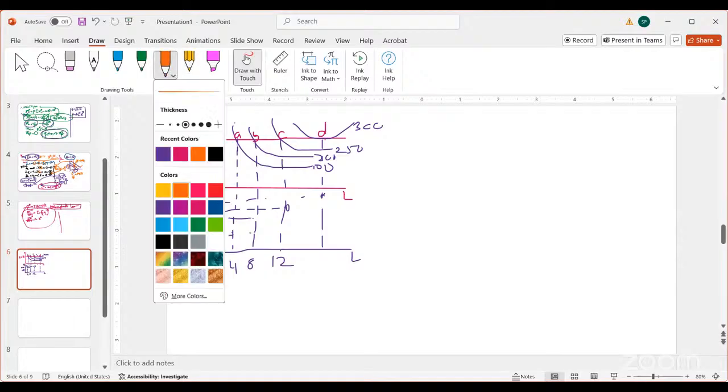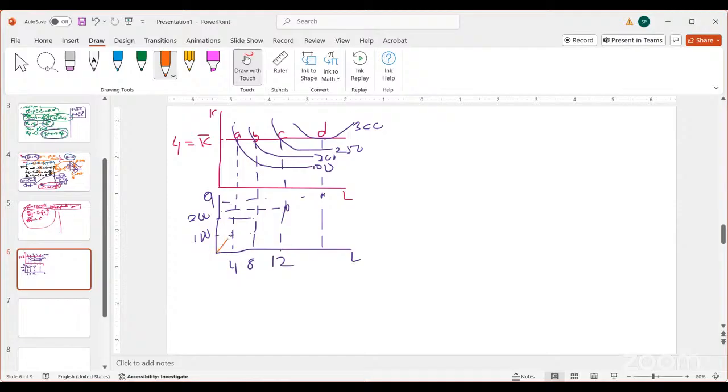Now, if you remember, we drew the short-run production function here. How this happened.